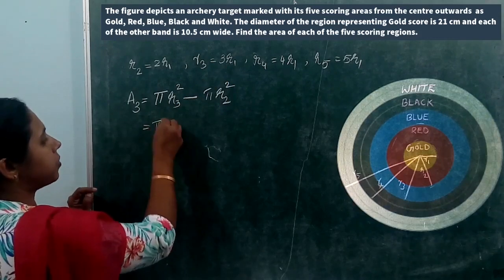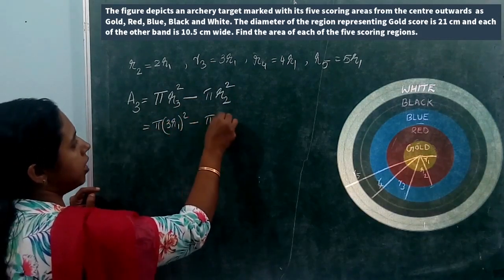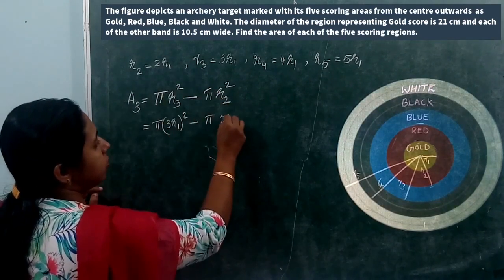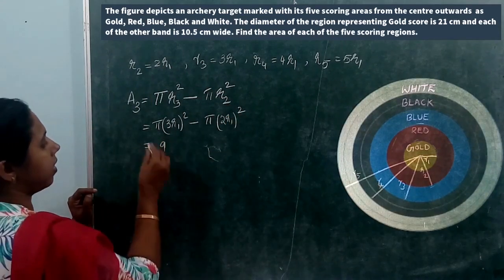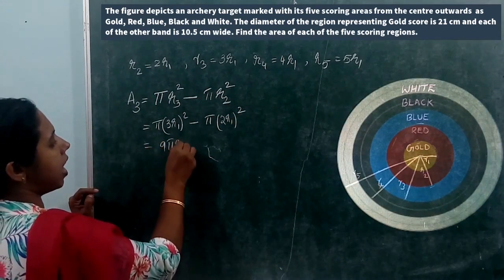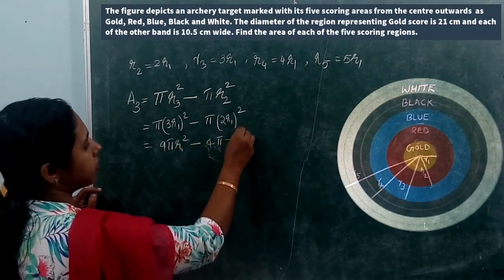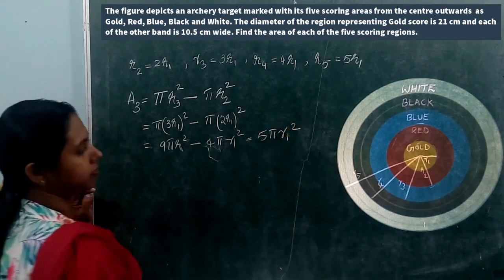So we can substitute 3r1 whole square minus pi into R2 is 2R1, 2R1 whole square, that is equal to 9 pi R1 square minus 4 pi R1 square, that is equal to 5 pi R1 square.